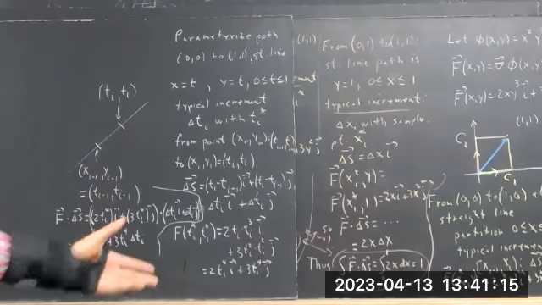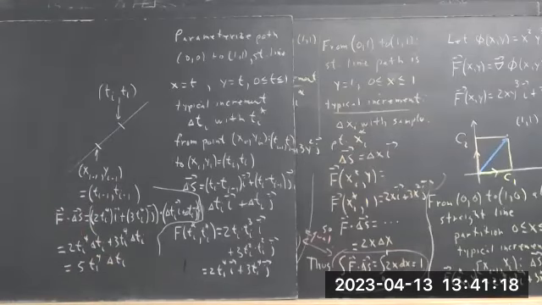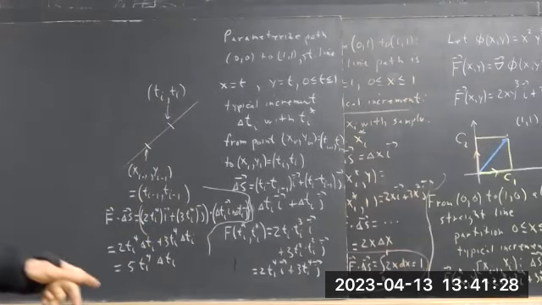Well, then the sum of all these is the integral of 5 t to the fourth dt. Okay, at least one person got it.